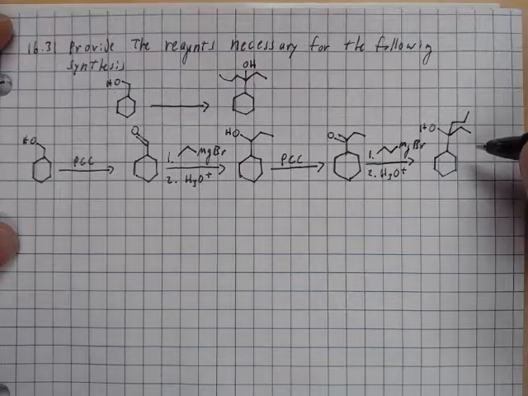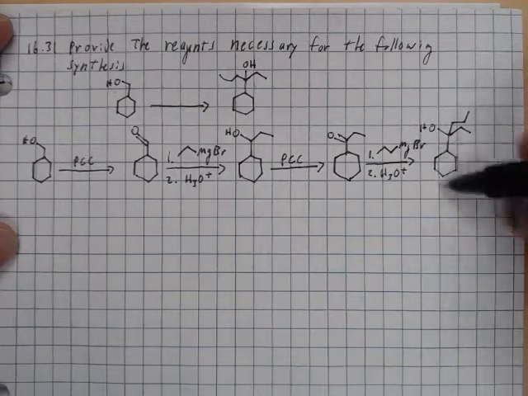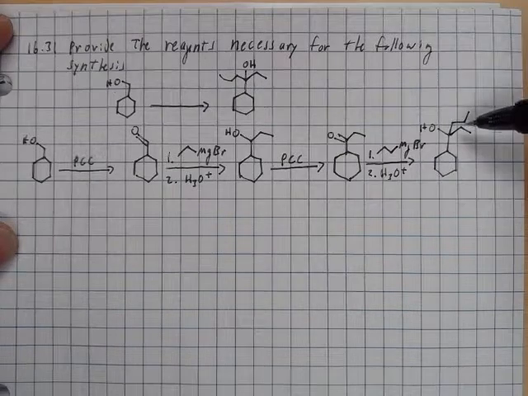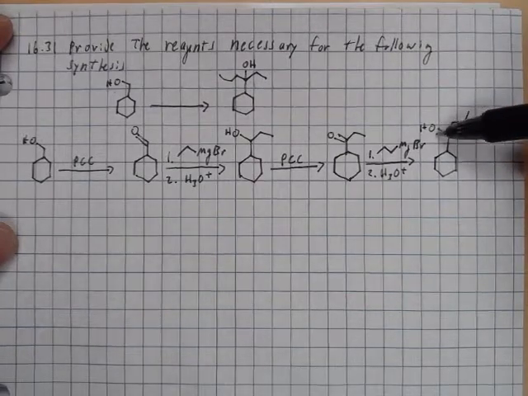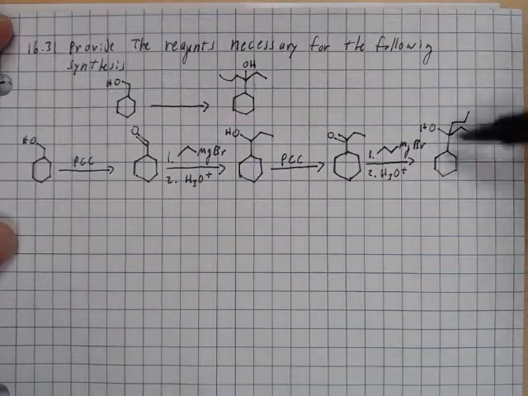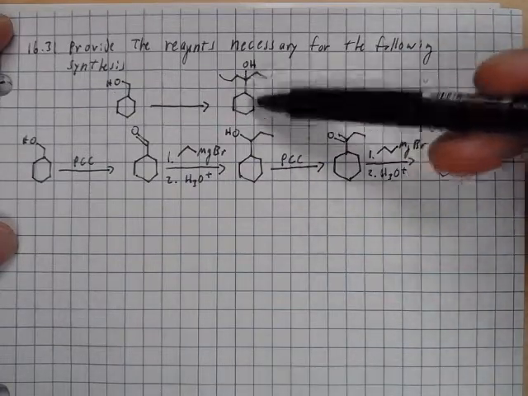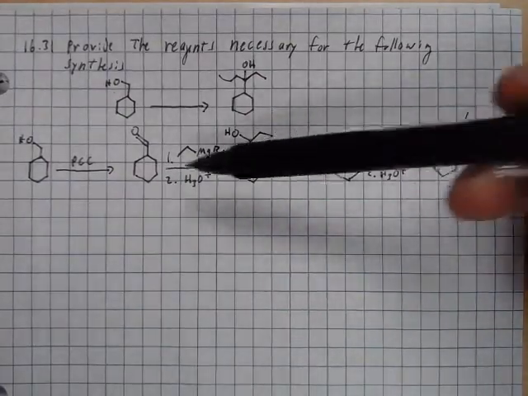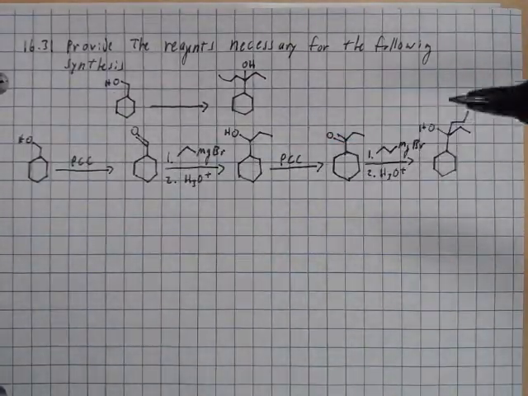So now we have our cyclohexyl group, our ethyl group, our propyl group, and our alcohol. So this is the same product as what we're trying to produce here. So that's how we could go about doing this problem.